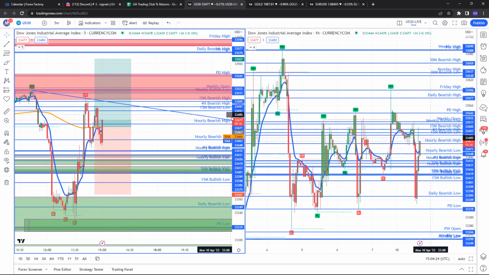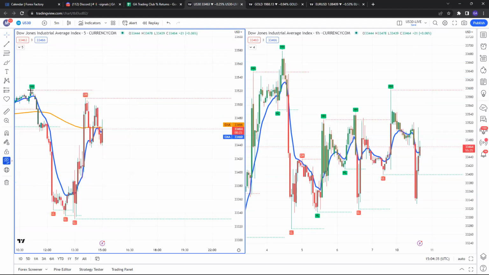One quick question. You said you'll look to scale up once it does what? Say it again, I'm sorry. So yeah, you see this trend line right here connecting this higher high to this lower high. Let me take off these drawings. So we do have this higher high here and this lower high, right? So what I did, I drew a trend line from this higher high to this lower high.